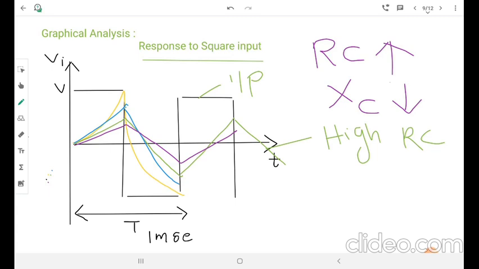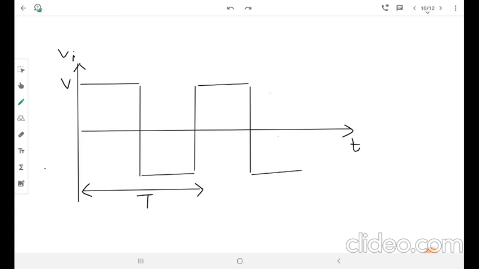That means if RC is very much high, then we will get a perfect triangular wave from a square input from this integrator circuit. That's about the graphical analysis.